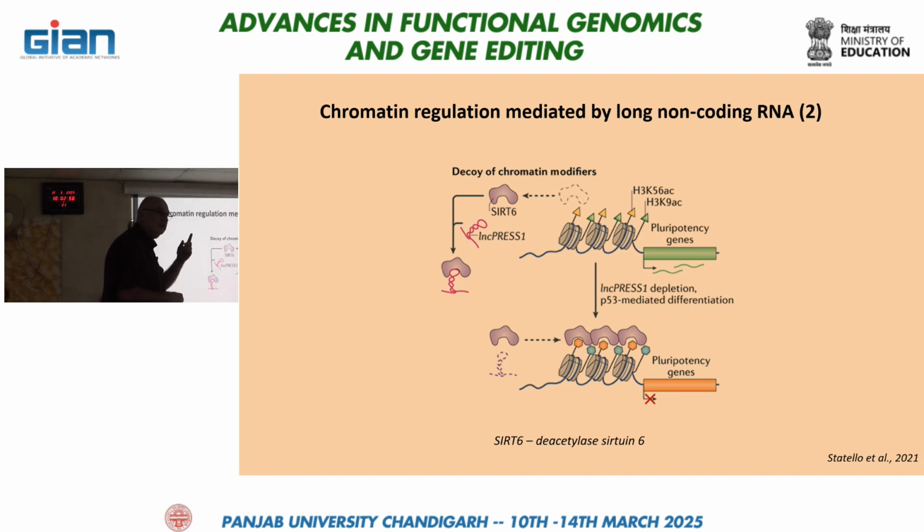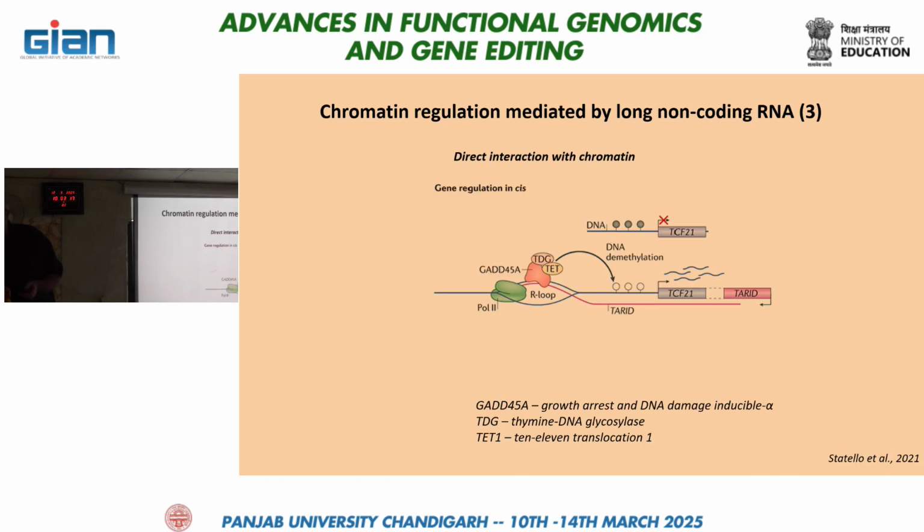Pres1 controls expression of genes in stem cells. And stem cells must be active to divide and replicate and so on. So this is really important. If it's not active, the stem cells will develop into some other type of cells. So it's crucial, Pres1. Okay, so these are 2 examples.